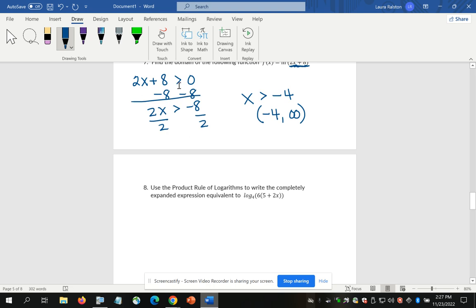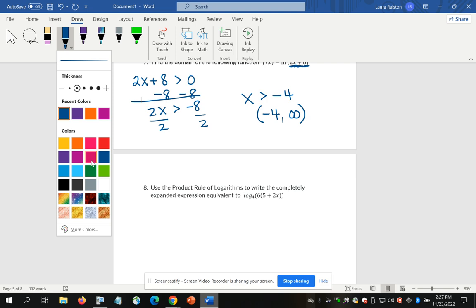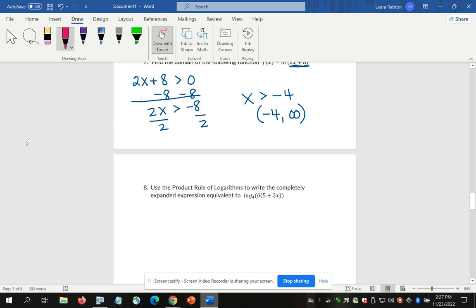Question 8 says to use the product rule of logarithms to write the completely expanded expression equivalent to log base 4 of 6 times 5 plus 6x. Well, what I keep in my mind is that the product rule converts to addition. So I would basically expand this.